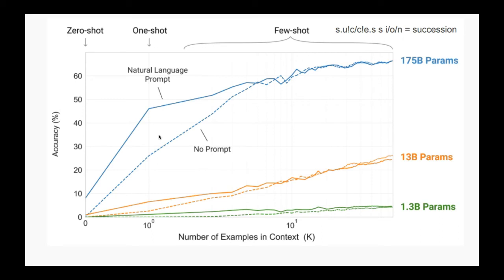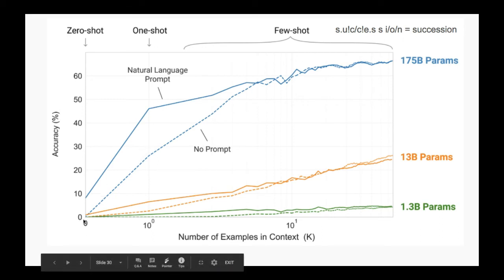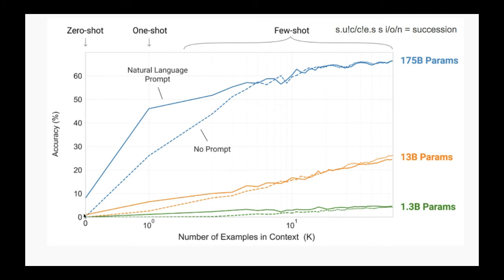And you can see if the model sees no example, which is zero-shot learning, then the accuracy is pretty low. That's definitely understandable, because if you don't tell the model how to do this task and you don't even give it a prompt, the model almost cannot perform the job. The prompt is a brief description of the task, say, you need to remove the random punctuation.